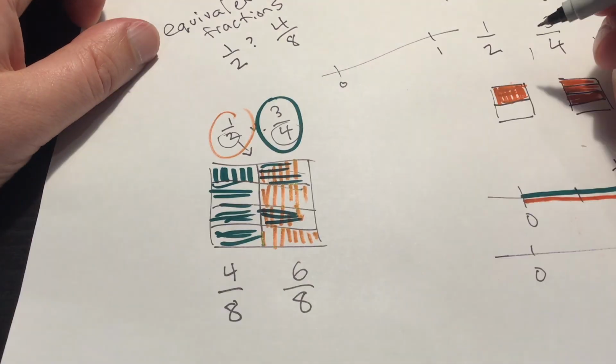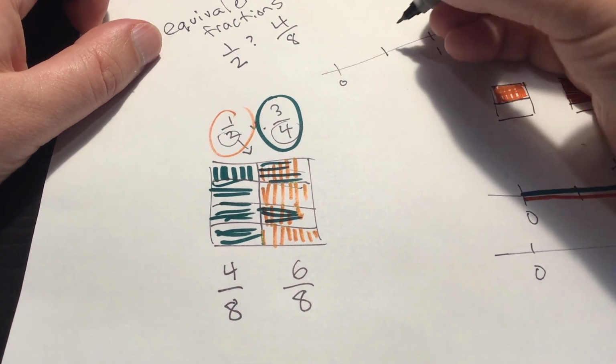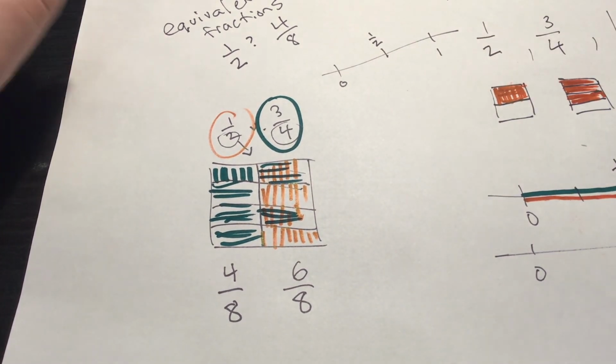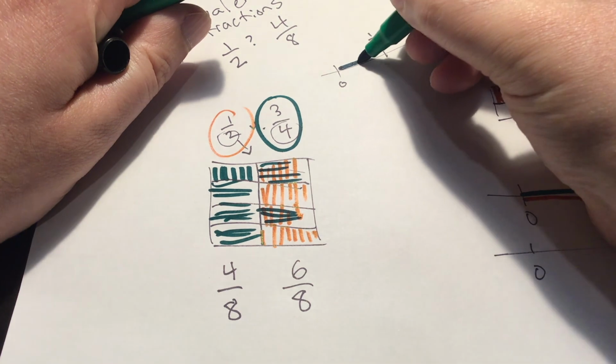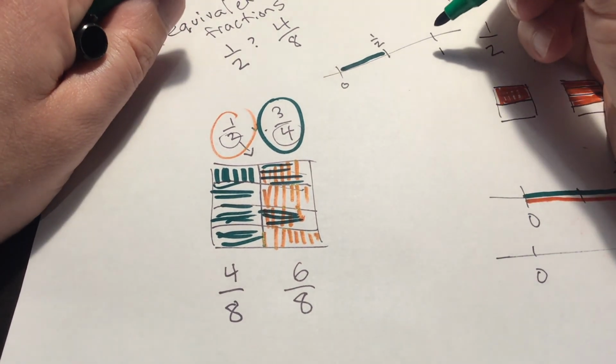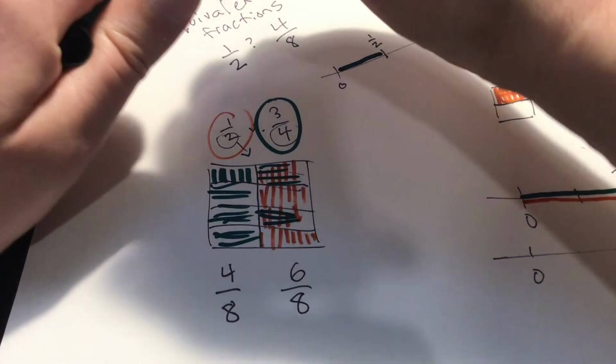So if I've got my number line, and I'm just going to put 1/2 on there, there's 1/2, right? There's 2 parts until we're full, and we've got 1 of those parts.